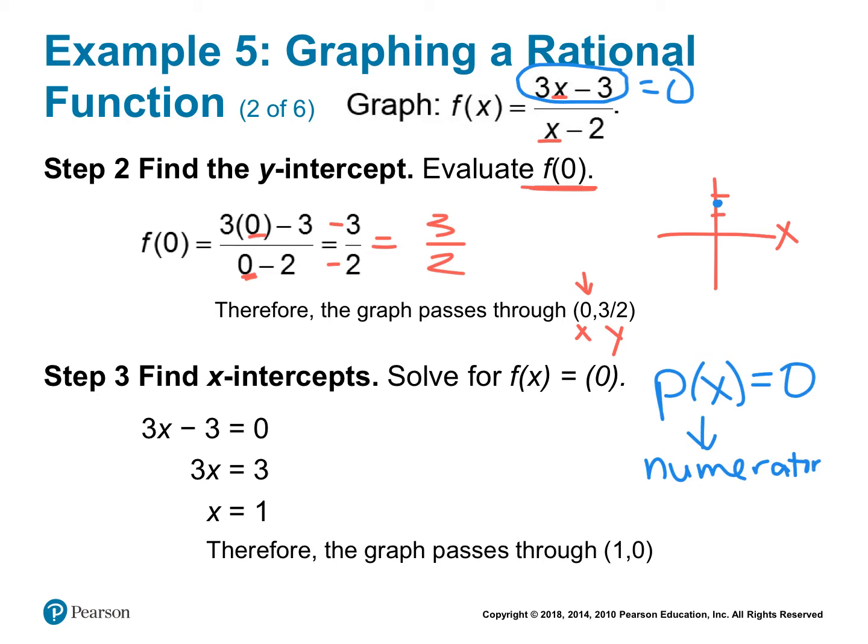So we only need to worry about the numerator here. So 3x minus 3 equals 0, add the 3, you get 3x equals 3, divided by 3, you get x equals 1. So that means it's going to pass through at 1, 0. If I put that on my graph, I have a point here as an x-intercept.